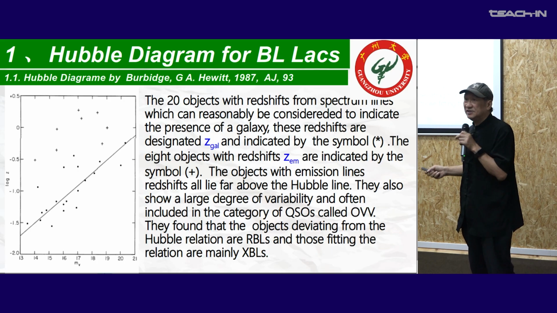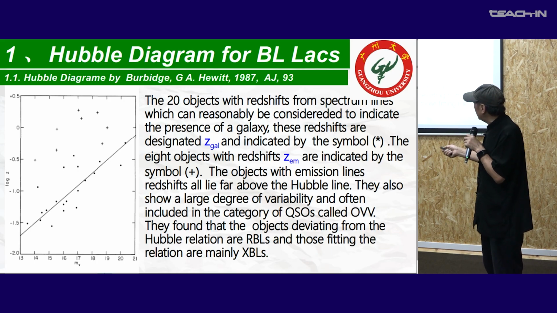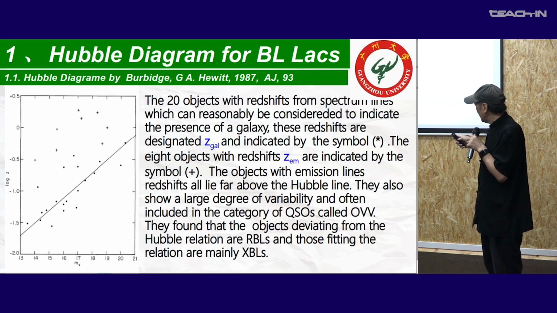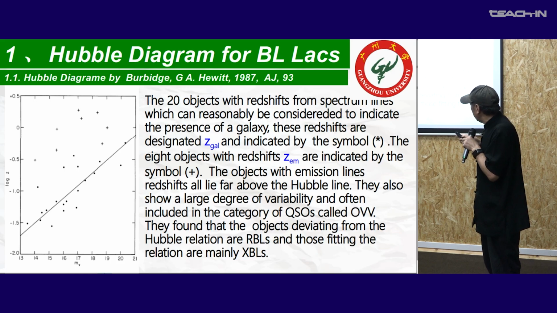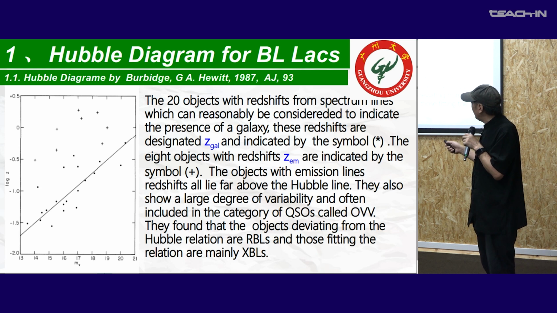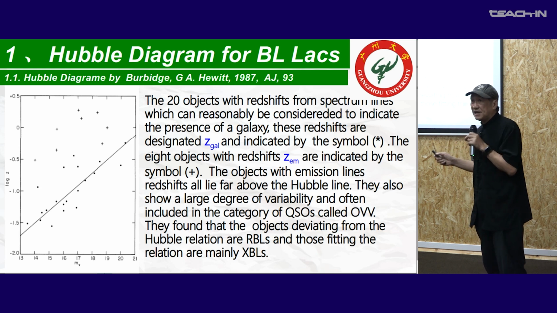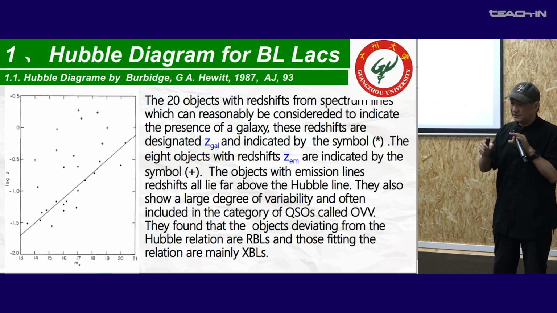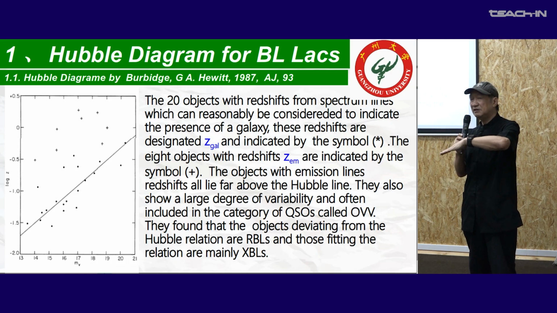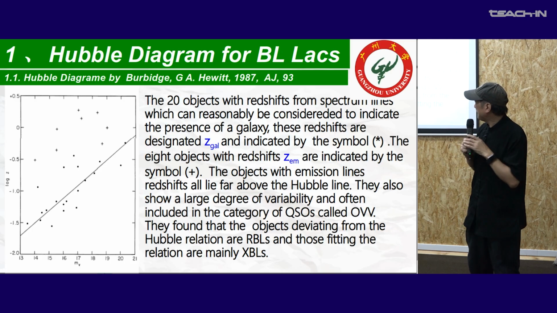All of these are X-ray selected Blazar objects, and these are radio selected Blazar objects. It is perhaps that the RBLs, which have emission redshift, are boosted, so their source is bright and the magnitude is lower.